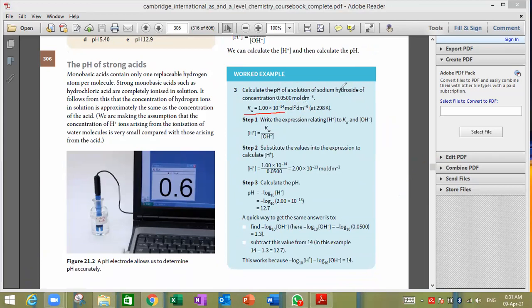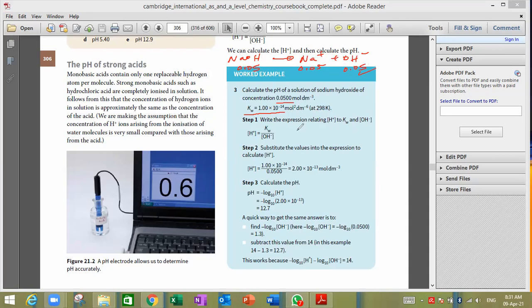So here we said that sodium hydroxide completely ionizes to give sodium ions plus OH ions. Of course, we don't mind the sodium ions. So if we start with 0.05 moles per decimeter cube of sodium hydroxide, this means that it completely ionizes to 0.05 of both. But we are going to consider only the OH ions.